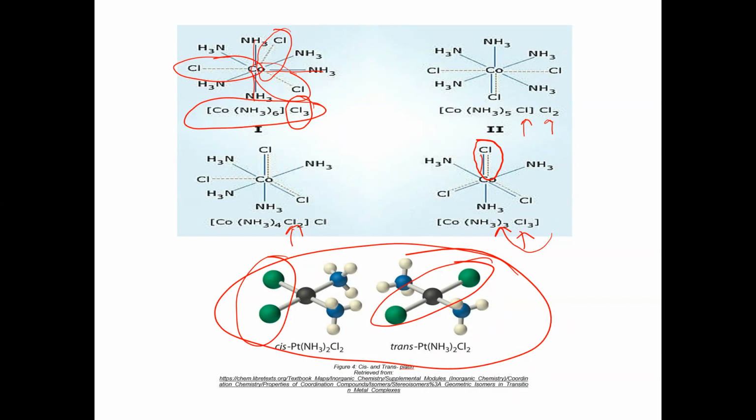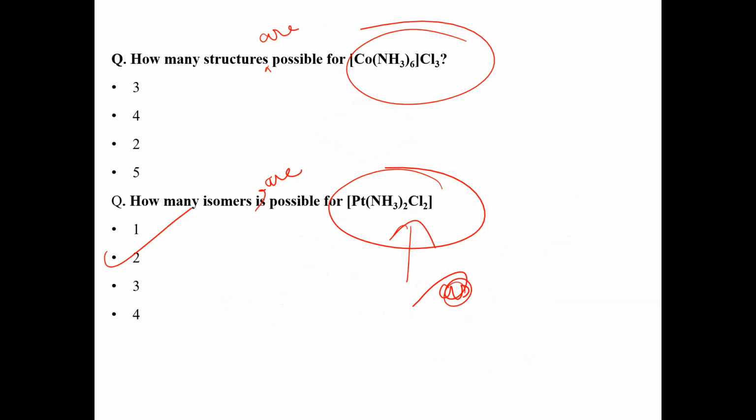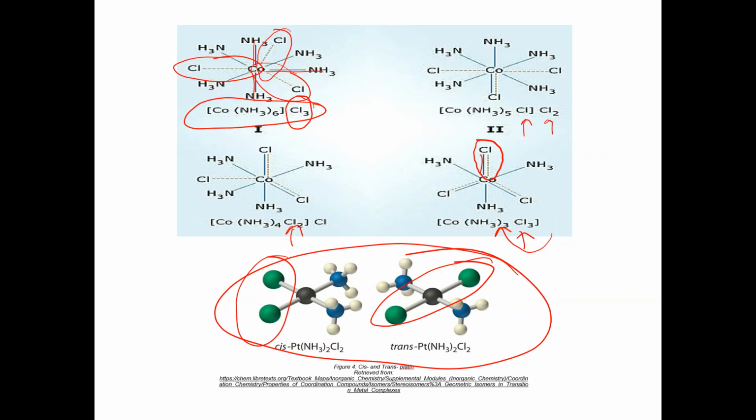So how many structures are possible? One, two, three, and four. So four structures are possible for this type of complex, right?